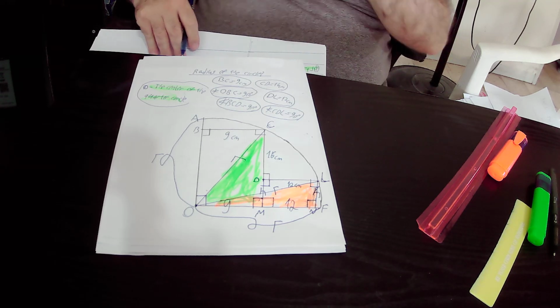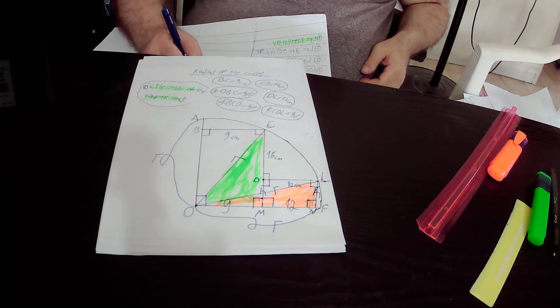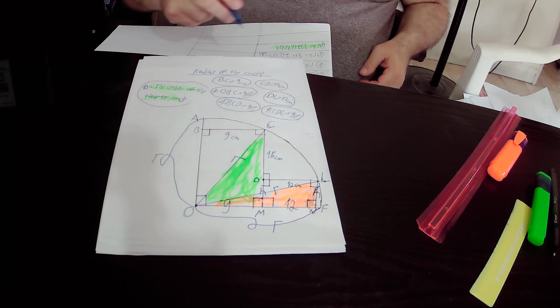That is to say, it must be equal to LF squared plus ON squared.